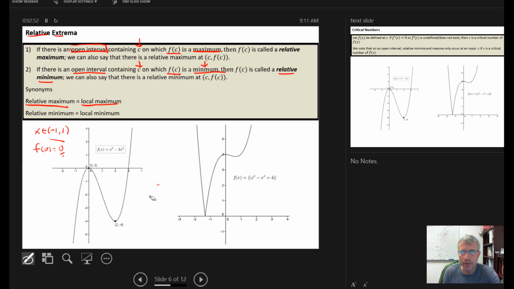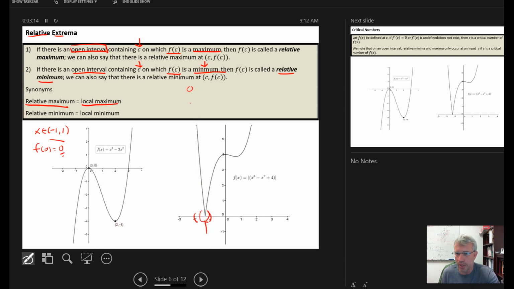Looking at the other graph, I can make the open interval, let's say, from -2 to -1. The graph starts somewhere up here and runs down to about here over that open interval, and I can see that I have a lowest point on the graph over that open interval.